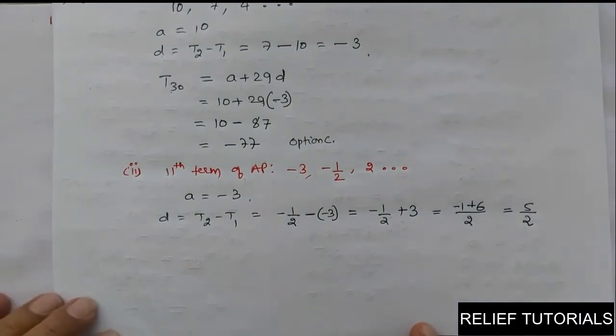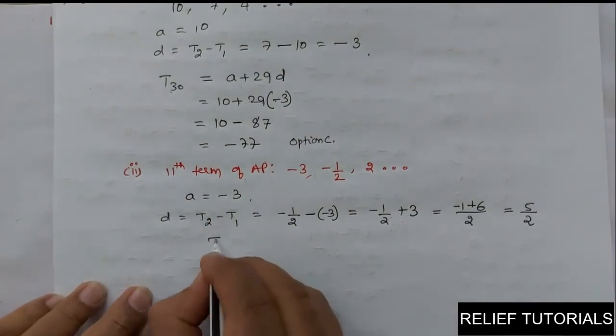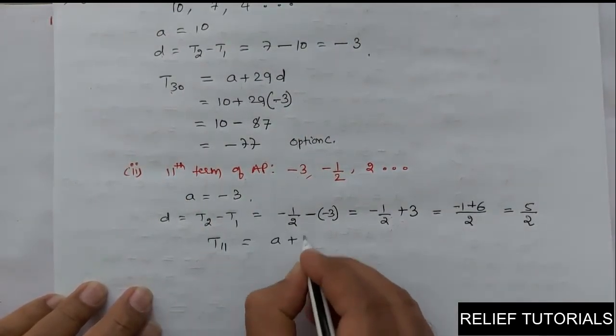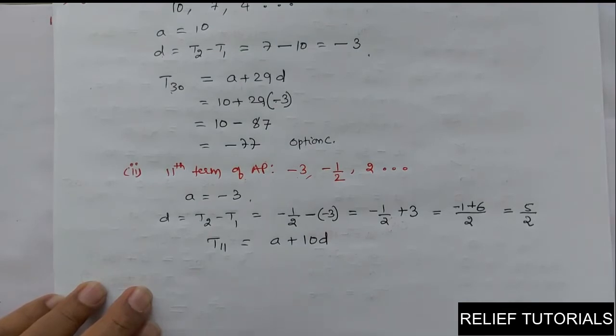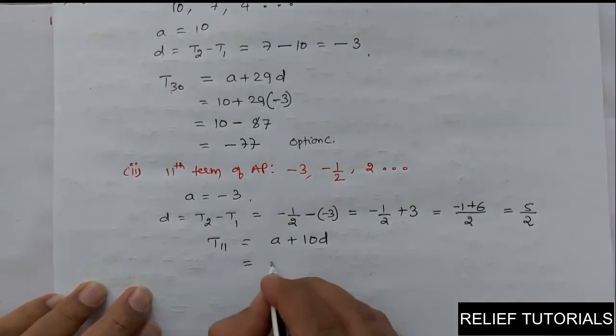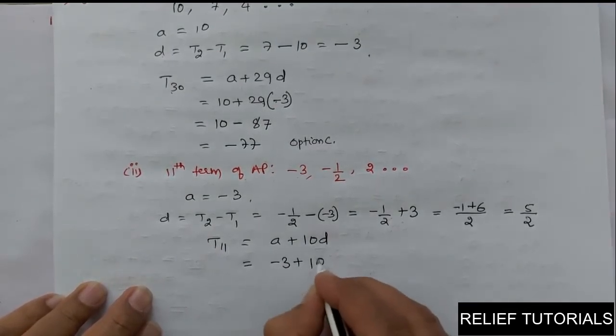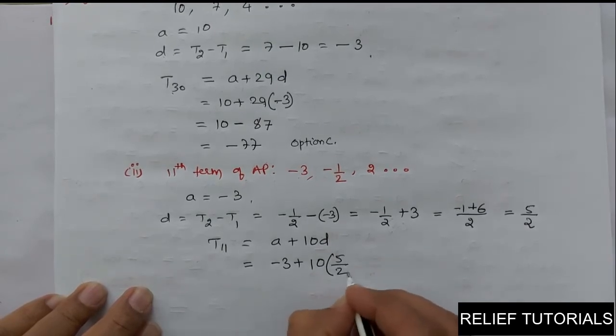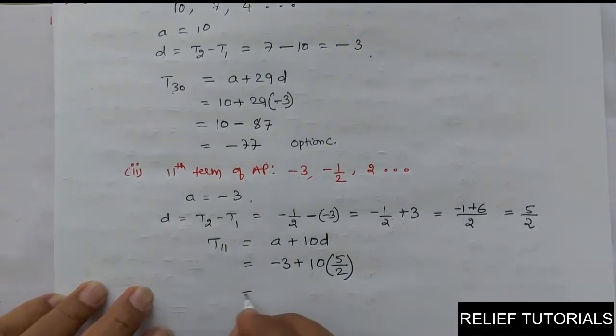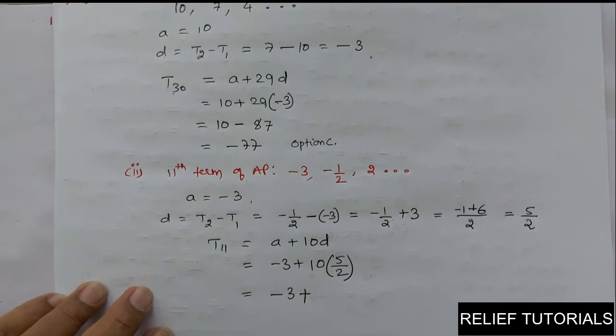So we got the difference, we got A. Now you have to find the 11th term. So T11 is equal to A plus 10D. A is minus 3 plus 10 into difference. Difference is 5 by 2. Clear? So that is equal to minus 3 plus 5 into 5, 25.